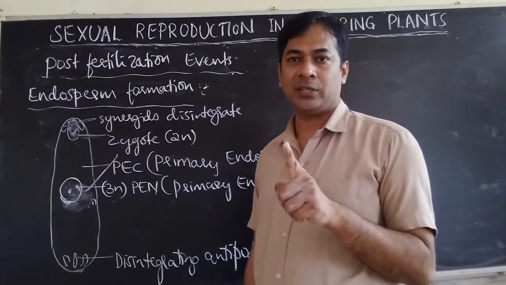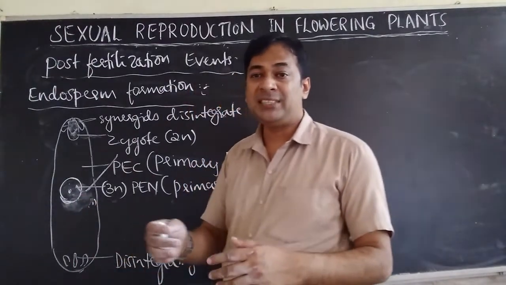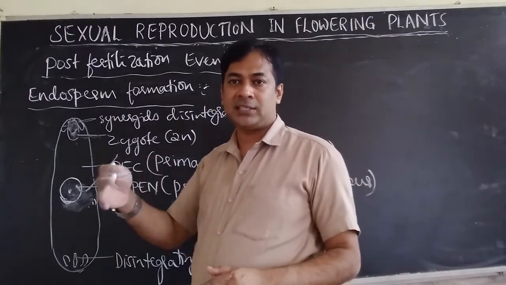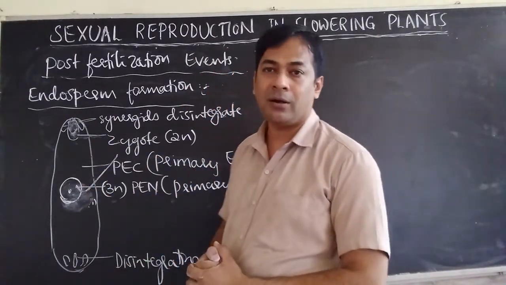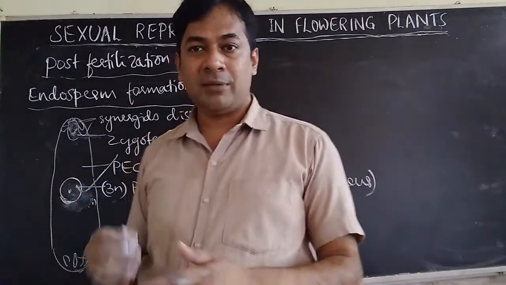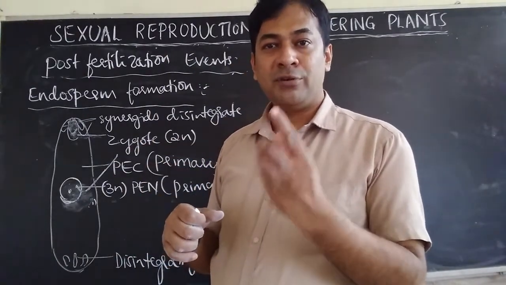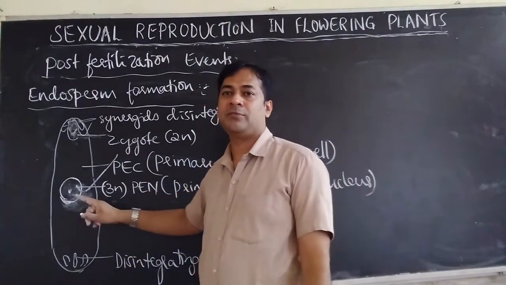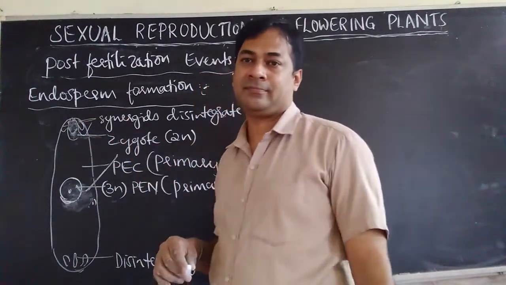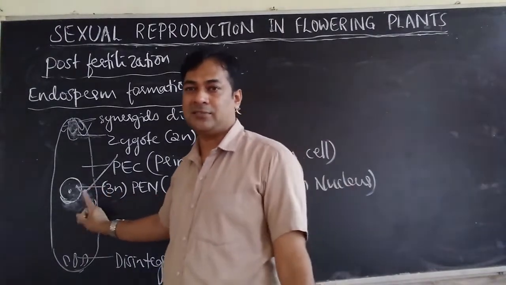The statement given in the textbook is endosperm development precedes zygote development. Before the zygote divides and develops, endosperm develops. Why? Because for the zygote to develop, it needs food. For division and development of the zygote, it needs food. For food development, endosperm should first form, because endosperm is food for the zygote. That is the reason why the endosperm nucleus divides first.